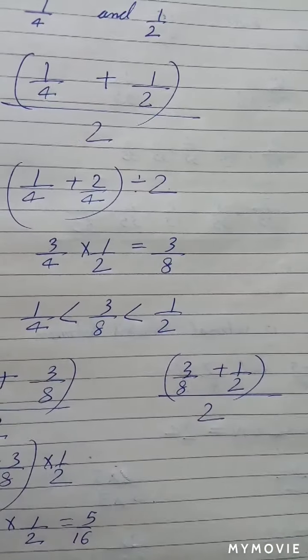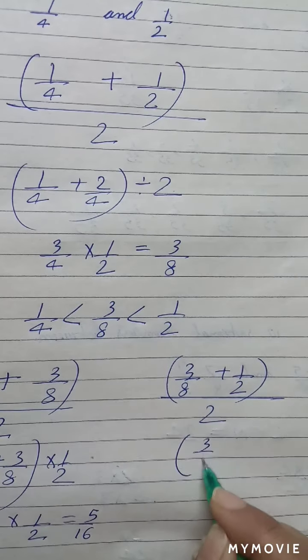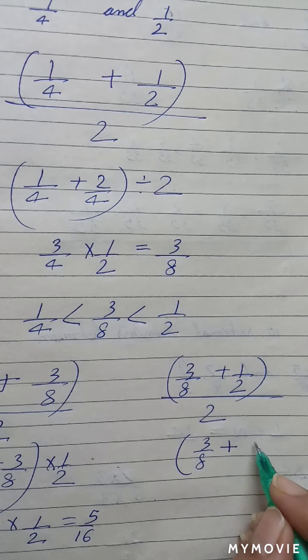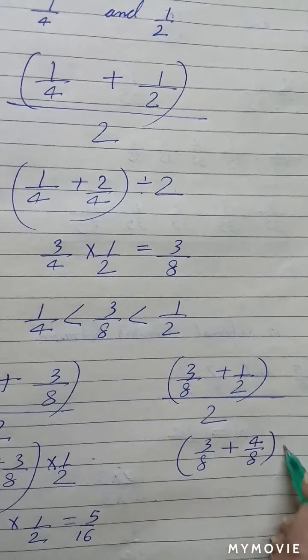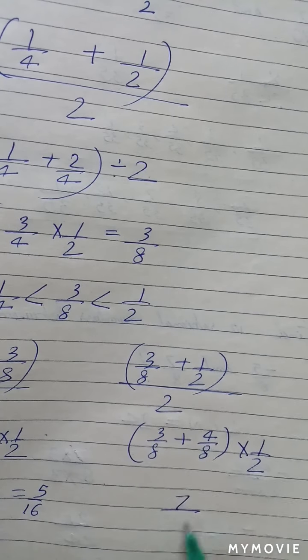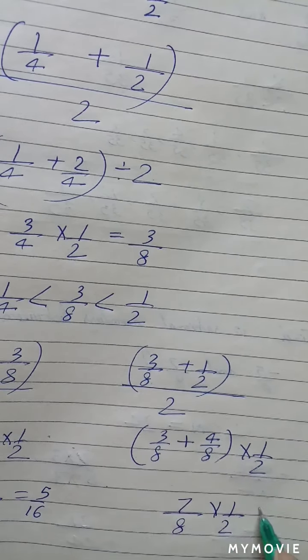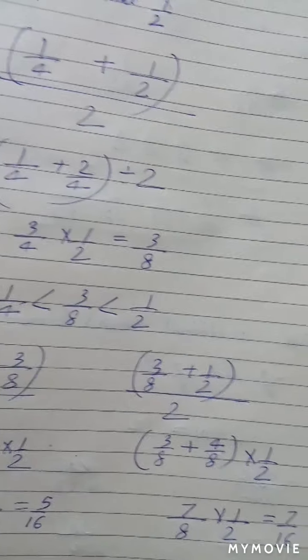Let's do the other one the same way. 3 by 8 plus 1 by 2. We can write 1 by 2 as 4 by 8, right? And divided by 2. We have got 7 by 8 into 1 by 2. So we are going to get 7 by 16.